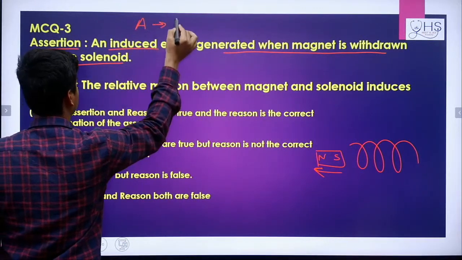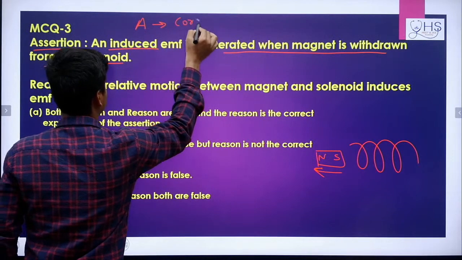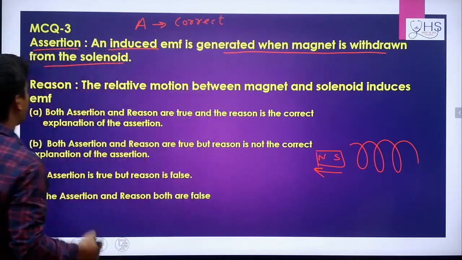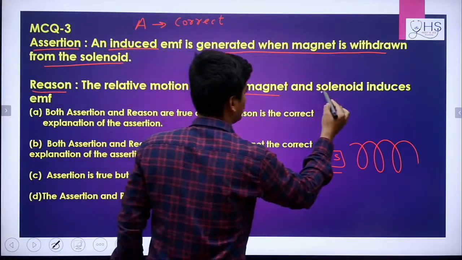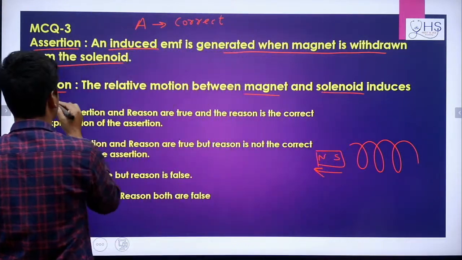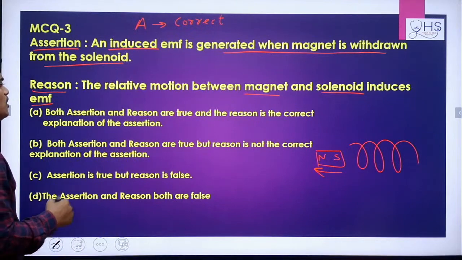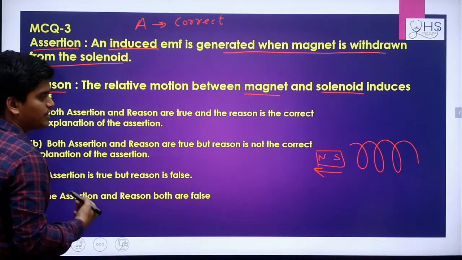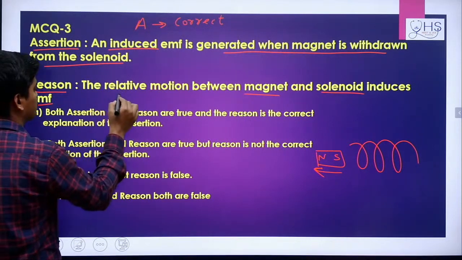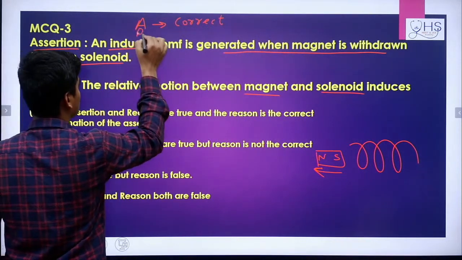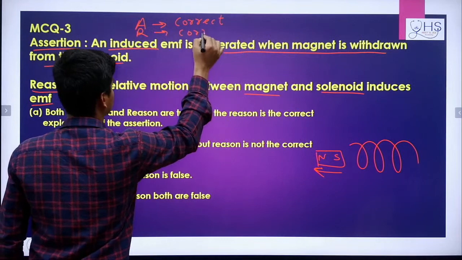It is an assertion-reason type question. The reason says the relative motion between magnet and solenoid induces EMF. This is also correct, because when there is relative motion between a magnet and solenoid, there will be induced EMF. So both assertion and reason are correct.